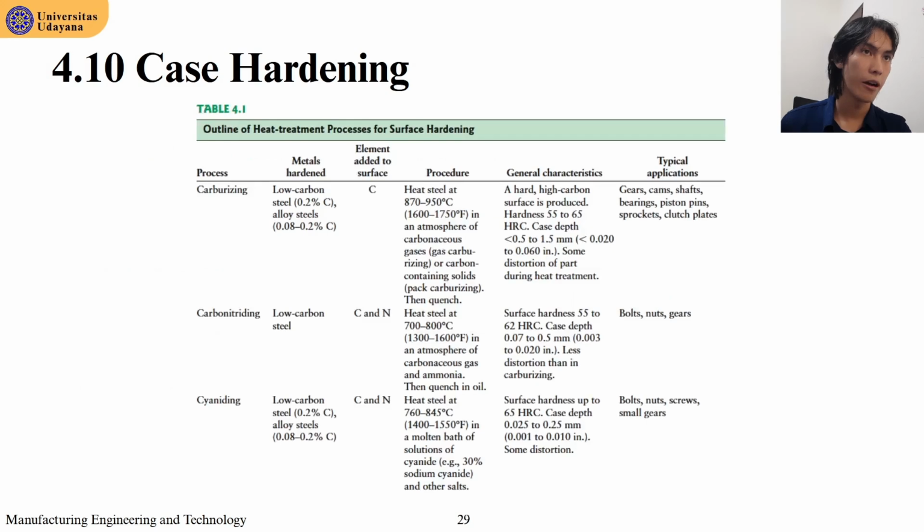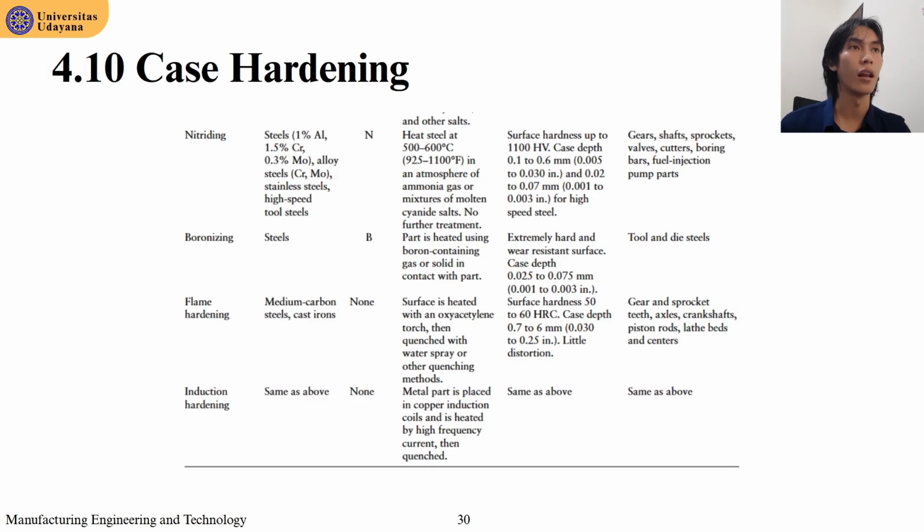Next, okay, you can see on Table 4.1. This shows the outline of heat treatment processes for surface hardening. Okay, next, we are still on Table 4.1.